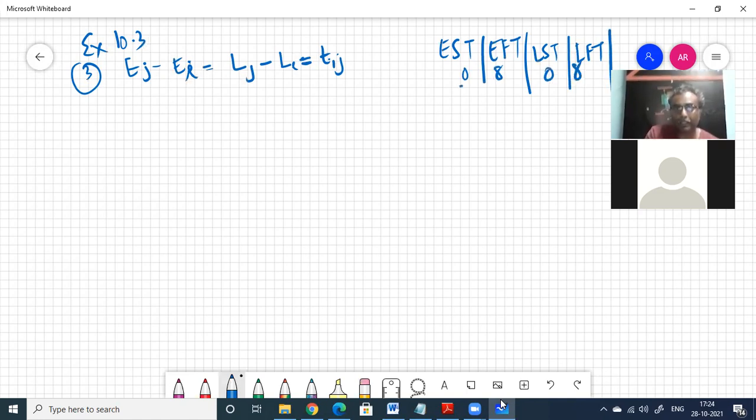Then both are correct, and the difference is the duration. Duration is 8. So this is T of ij and Lj minus Li. Lj is this one and Li is this one. Same way Ei and Ej. That's what it means. So this is correct. Exercise 10.3. Let us post it.